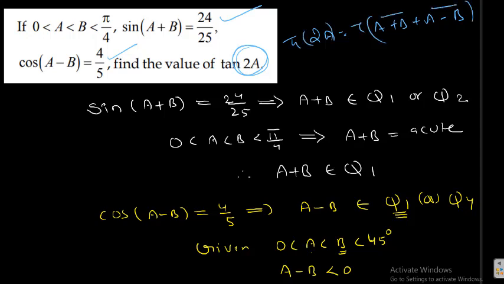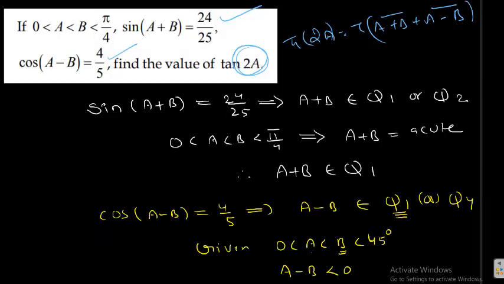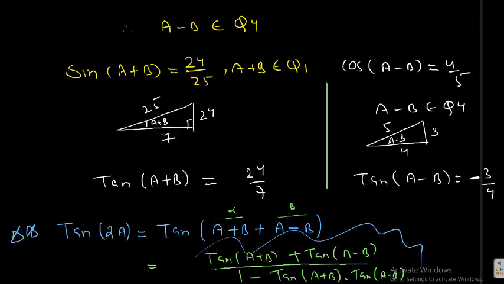Means tan of a plus b value you want and tan of a minus b, not given, no? Only sin of a plus b given, cos of a minus b given. From that you want to find tan of a plus b and tan of a minus b. For that, first of all you want to find which quadrant a plus b lies in and which quadrant a minus b also lies in. Clearly explained. Final what I got now? 3/4.